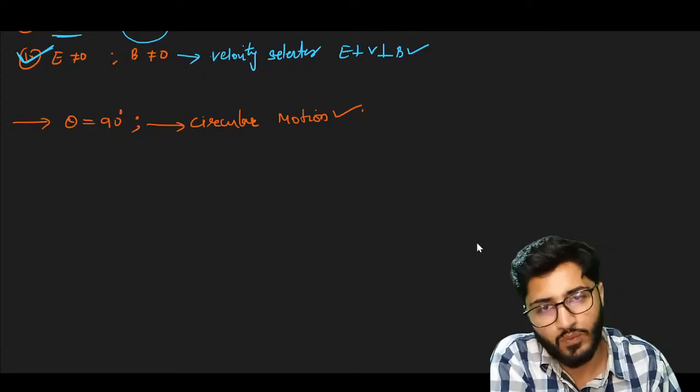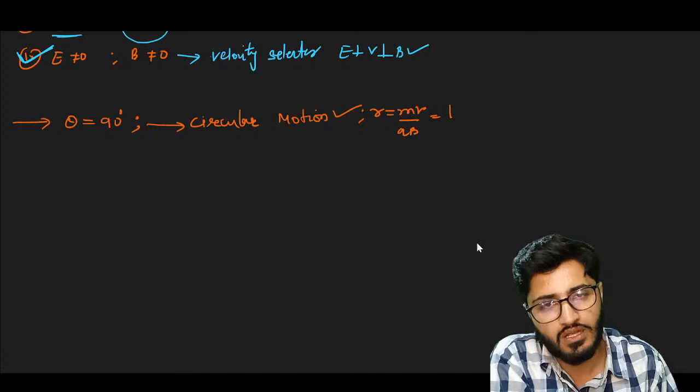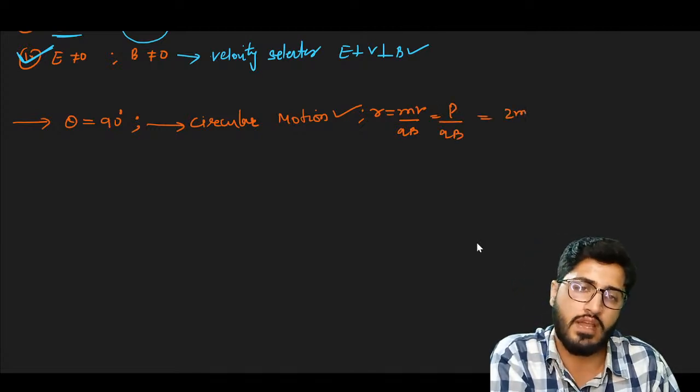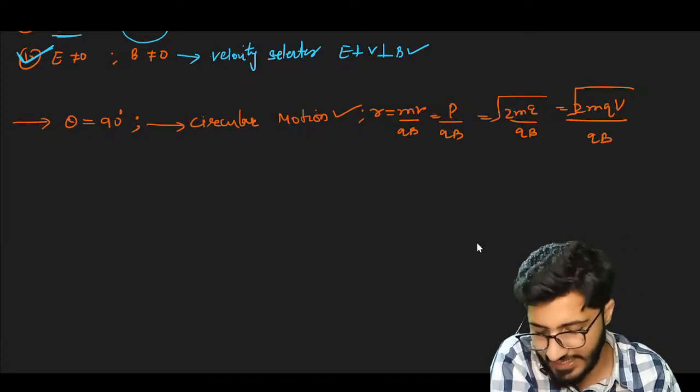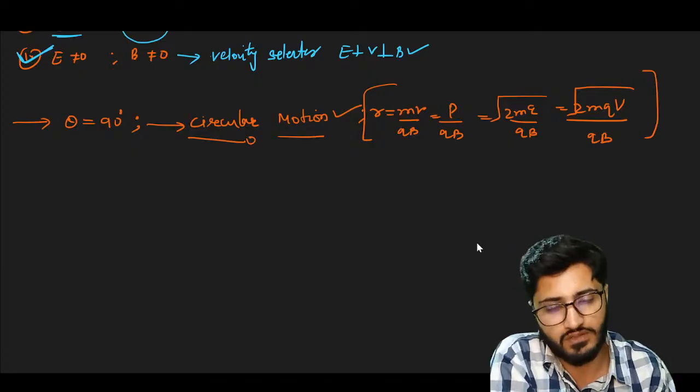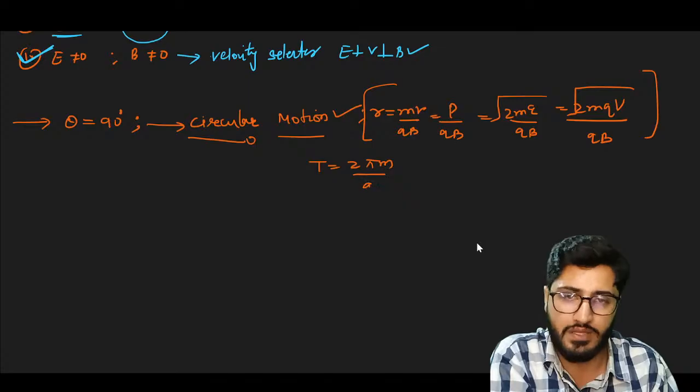The radius R came out to be mv by qB, p by qB, or root of 2mqV divided by qB. We had discussed this, right? And also the time period, that is 2 pi m by qB.